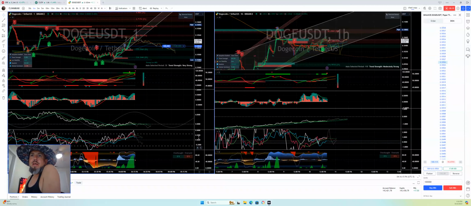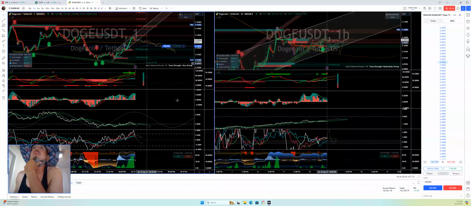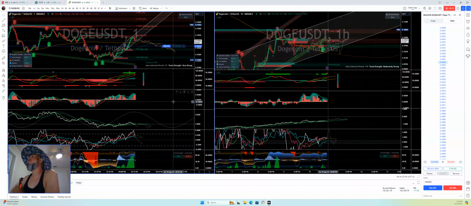So if I was paying attention more closely on this one, I would have locked in profits probably as soon as I seen the forecast suggesting it to be moving down. But I think this is going to be an out of position buying opportunity.